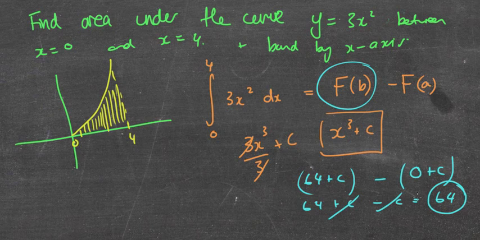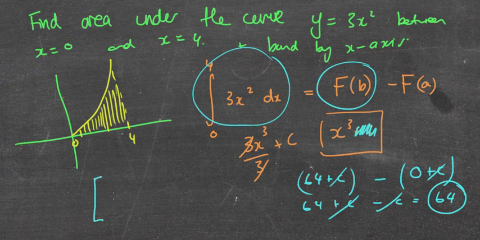And the good thing is that plus c is going to cancel out every single time, so we don't even need to put it. Now, how I write this is we often put square brackets, put the integral of x cubed inside there, and then put my a and b over here.